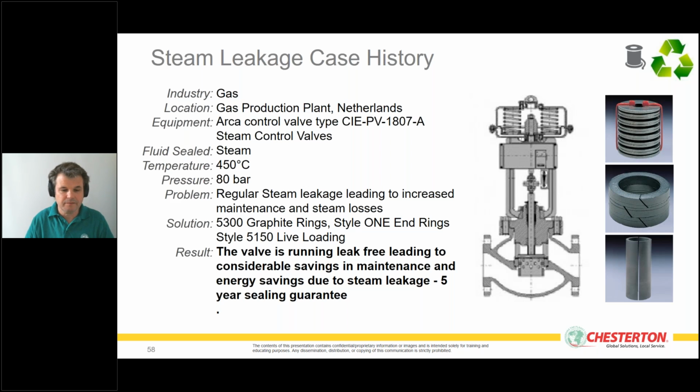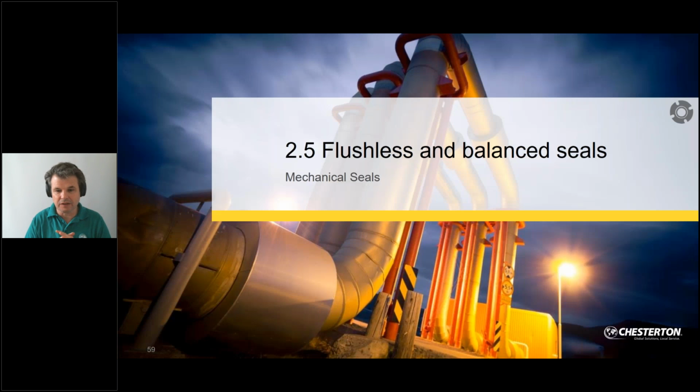We solved this by using a very flexible graphite packing set in combination with live loading. The result was that the valve is running leak-free, leading to savings in maintenance and in steam leakage. And with a 5-year sealing guarantee, this saves a lot of money.